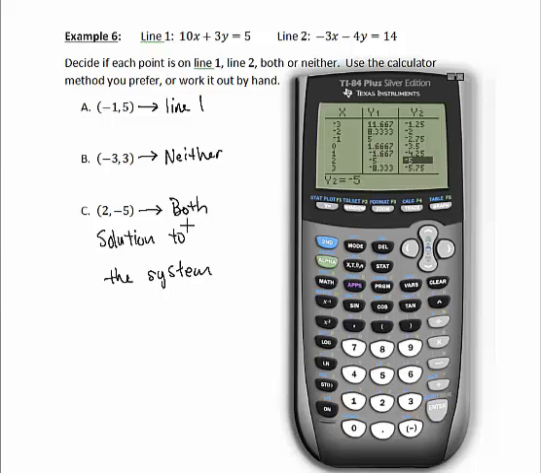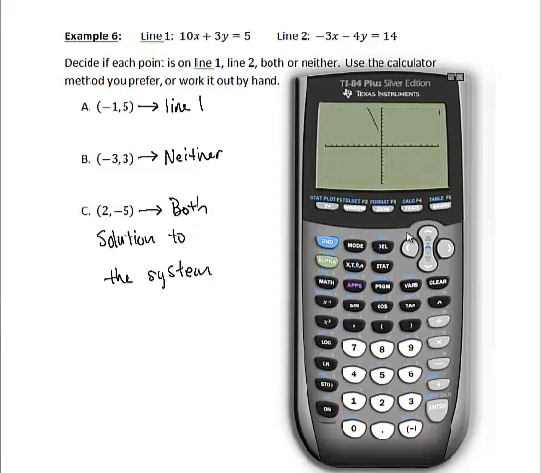In other words, this is where the two lines intersect, and so if we now simply hit the graph button without hitting the second key first, graph, it always graphs the lines from top to bottom with respect to our Y editor.